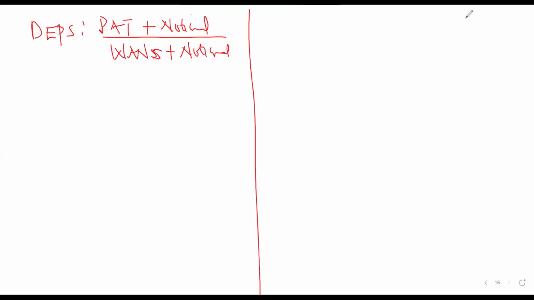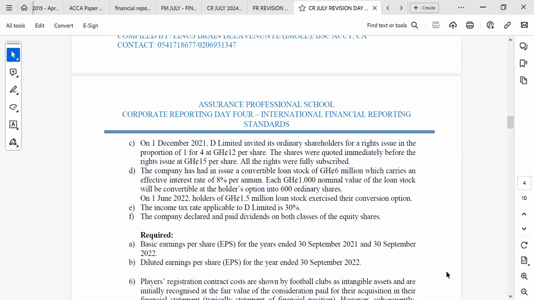The only two items that will affect this are the share options and the convertible instrument. And the problem that we have over here is the convertible instrument. We have the convertible instrument of 6 million in issue, isn't it? But 1.5 has been converted.